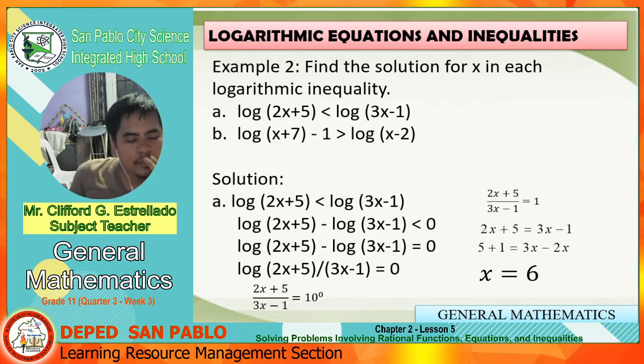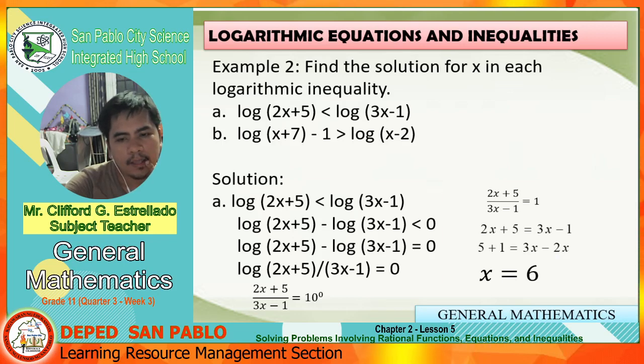Wait, change muna pala into exponential form. So, base 10 raised to the 0 power, and 10 raised to the 0 power is equal to 1. Then, applying cross multiplication. So, we have 2x plus 5 is equal to 3x minus 1. Okay? Then, add 1 on both sides.